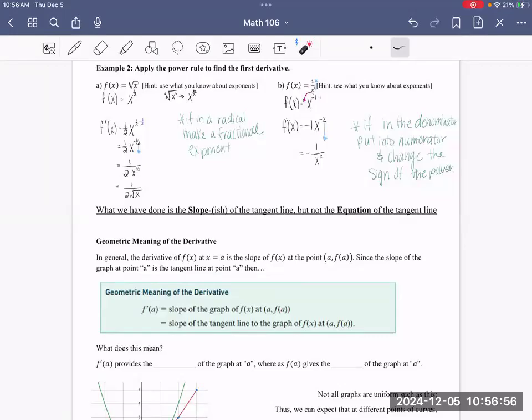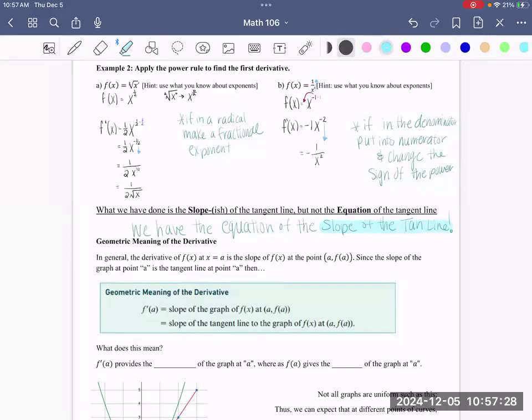Find the slope of your tangent line and then create the equation of the tangent line. So right now, what we have done is we have the equation, not of the tangent line, but of the slope of the tangent line. Heavy emphasis on the slope of the tangent line.